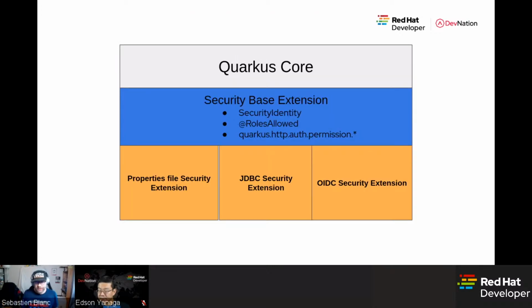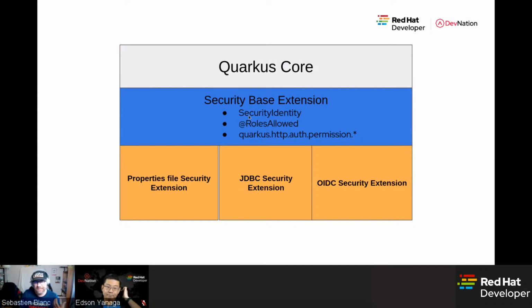Good news, Quarkus comes with a lot of stuff around security. Thing to know is that on top of Quarkus core, there's a base, an abstract security extension that brings a lot of objects and annotations for you. It has some custom stuff like a security identity.